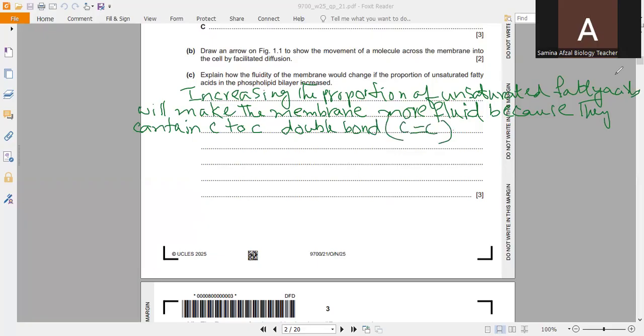So these double bonds create bends or kinks in the hydrocarbon tails.